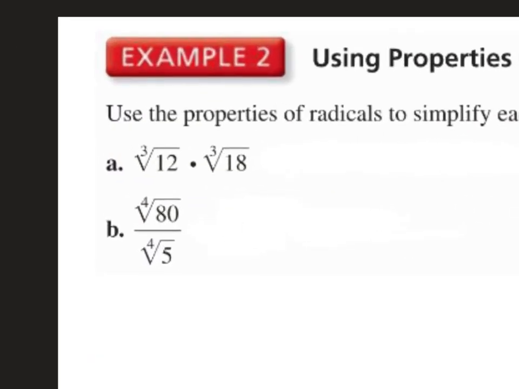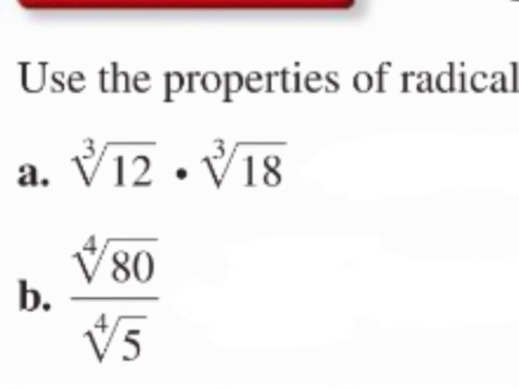So let's look at our examples. So example 2a. How can we simplify this? We have the same radical here, that same index. So what can we do to simplify?